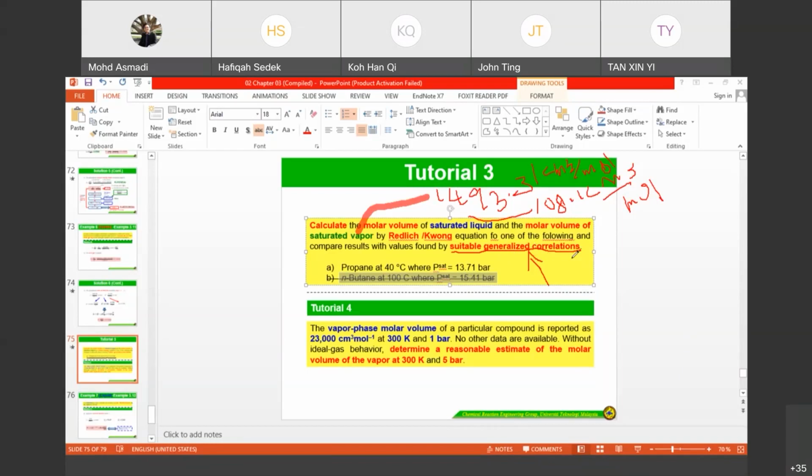Amirul Haziq isn't there, no attendance.